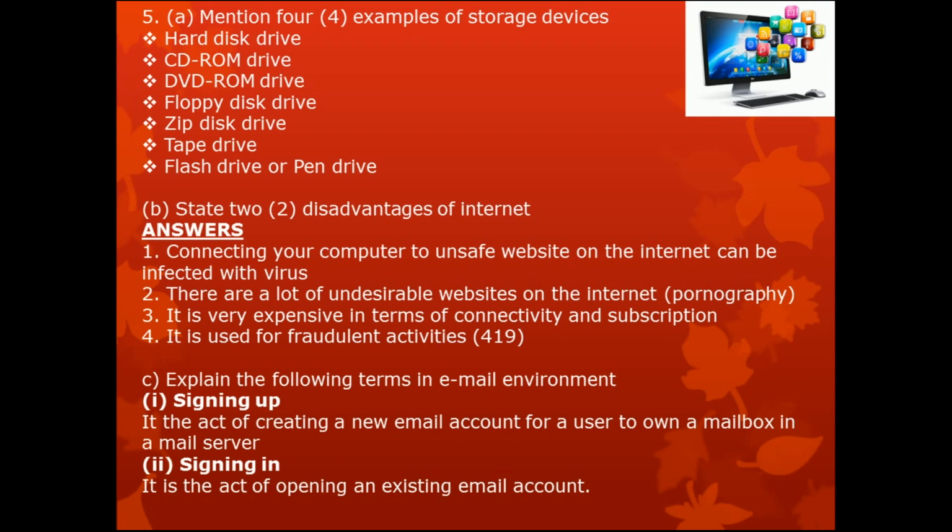In our next lesson, we are going to look at plagiarism, spoofing, and all that. Spamming is unsolicited email sent to you in the form of advertising a product. They are all forms of fraudulent activities on the net. So take note of these disadvantages of the internet when you're writing.